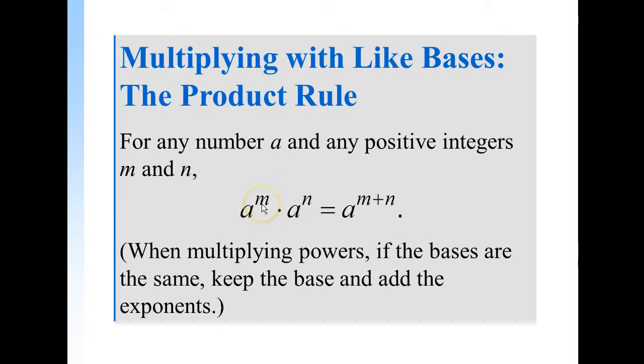So if this were a 3, and this would be a 4, this would then be a to the 7th power. So we keep the base, we just add the exponents. Whenever we're dealing with a variable with an exponent, and we're asked to multiply it, we just add the exponents. But again, the bases have to be the same.